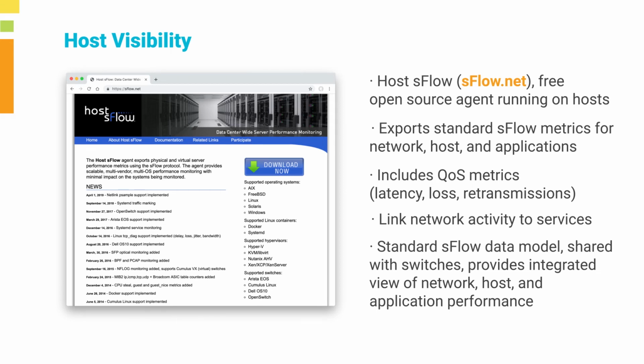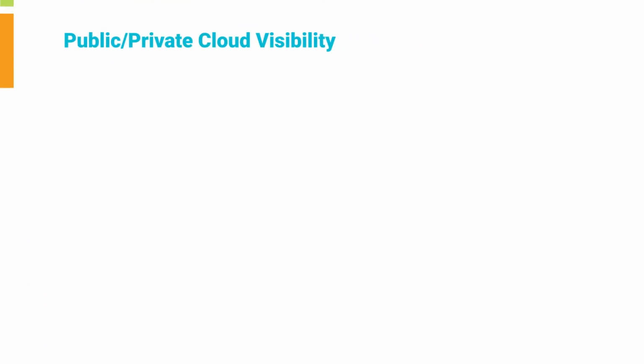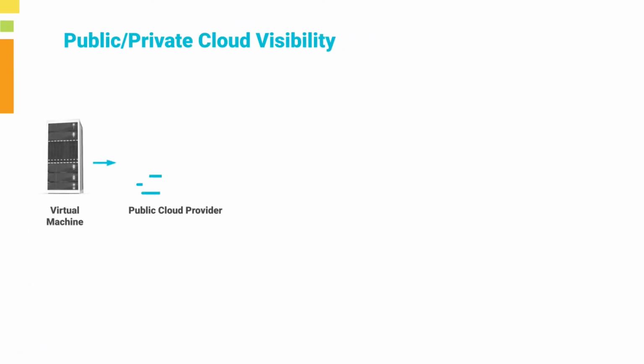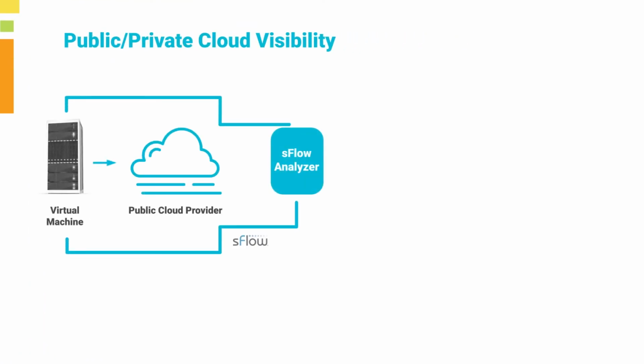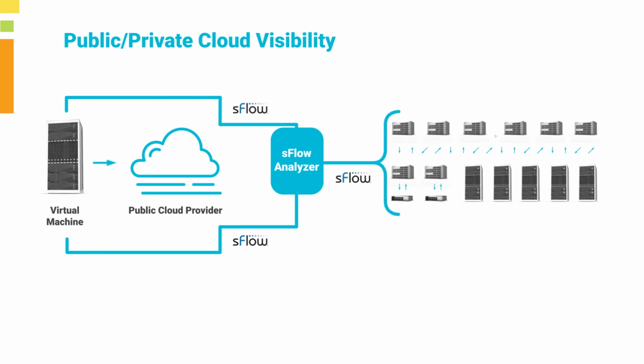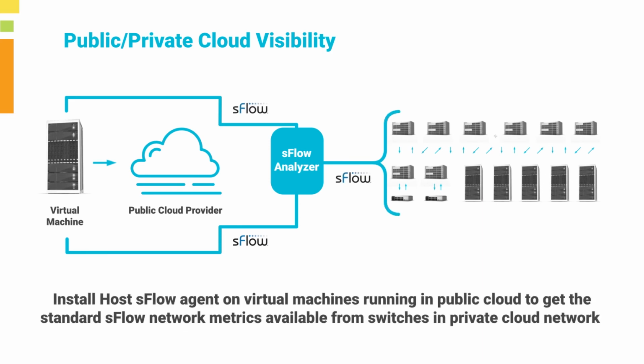That really simplifies your management, because now you have end-to-end visibility using the same technology with a consistent set of measurements. And it extends even into the public cloud, because now you have an agent that you can deploy on virtual machines in the public cloud that lets you get the same packet flow data and counters that you would otherwise get from the physical switches.